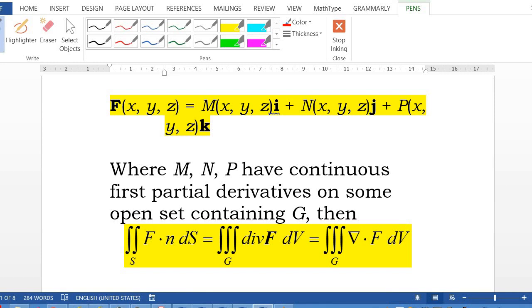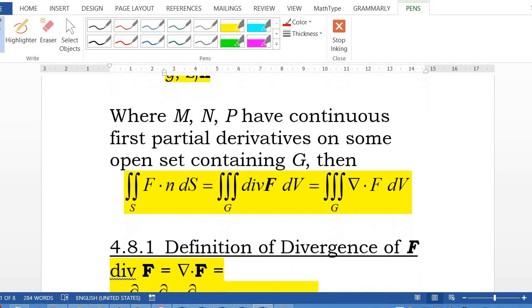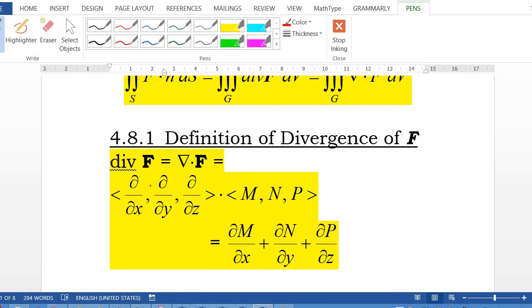Del is a differential operator. If F is 3D, then del is del/del x i plus del/del y j plus del/del z k, dotted with the vector F. Remember that the result of the dot product is a scalar function. It means you multiply i with i, j with j, k with k, and note that i dot i is 1, j dot j is 1, k dot k is 1.